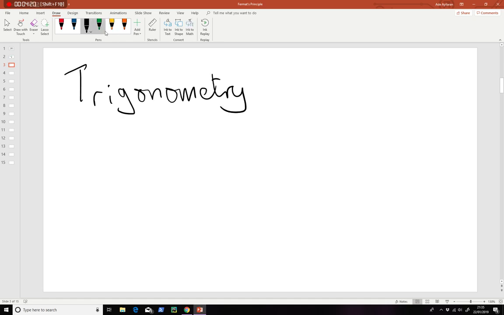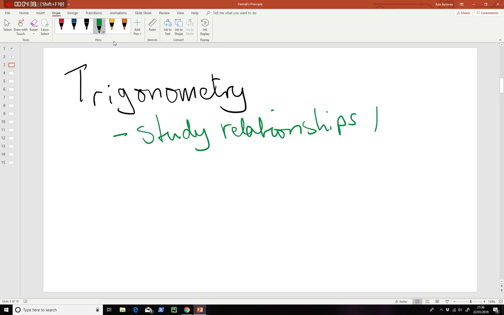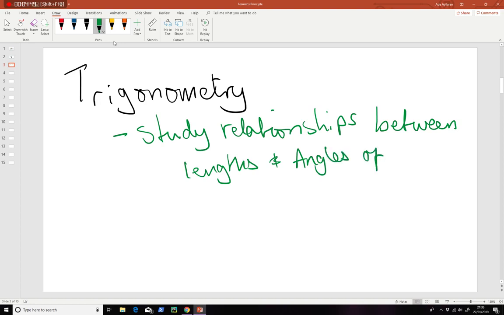We use trigonometry to study relationships between lengths and angles of triangles. So trigonometry is used to study relationships between lengths and angles of triangles.